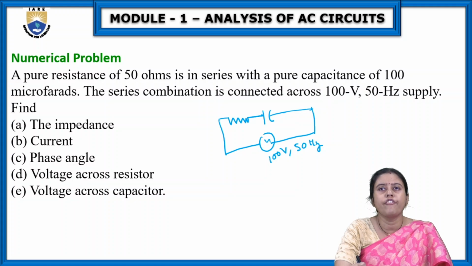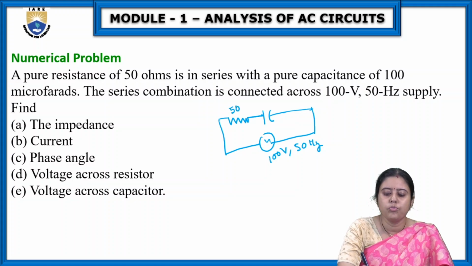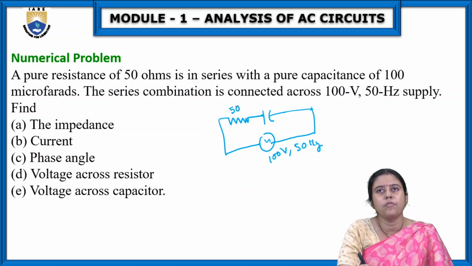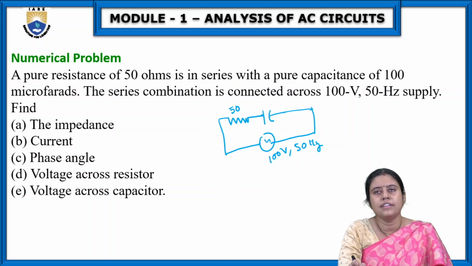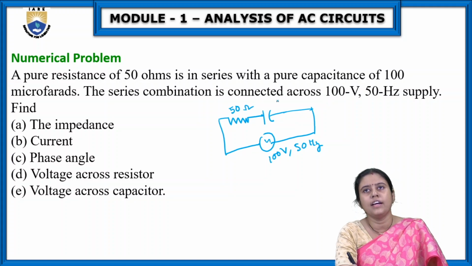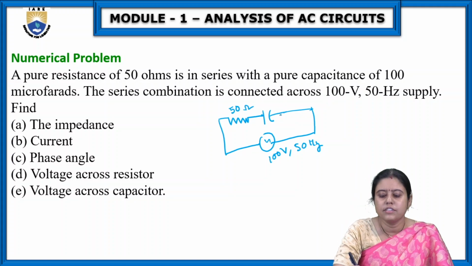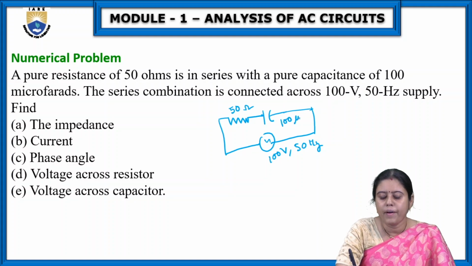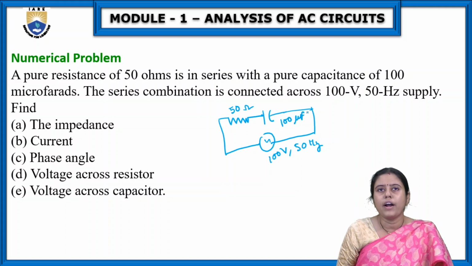It is always a very good practice. Whoever is checking your paper will find that it is a perfect answer, and you will also get all the data here. So this is 100 microfarad. So what is the first step?